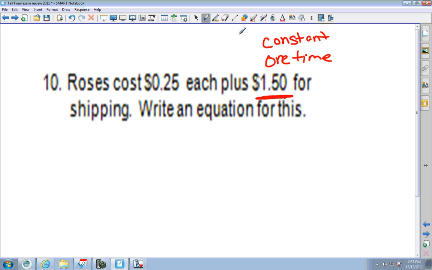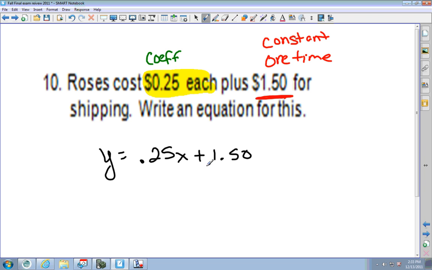Now over here, it says 25 cents each. That's what the roses are, 25 cents each. Okay, this is going to be my coefficient. That's what I'm going to multiply by. So I'm going to have y equals 0.25x plus $1.50.